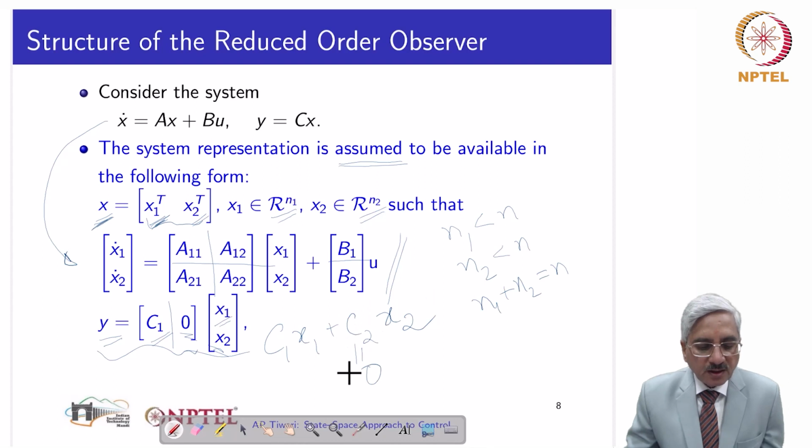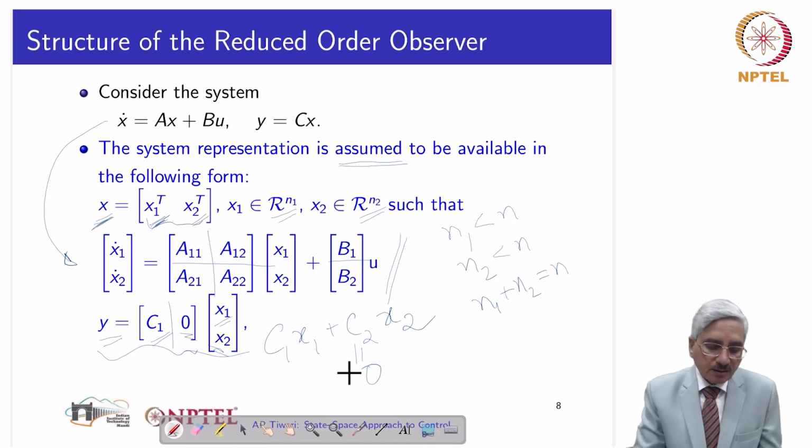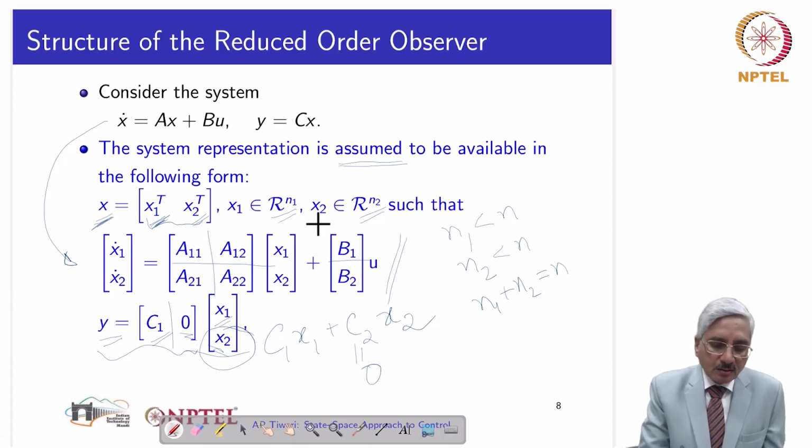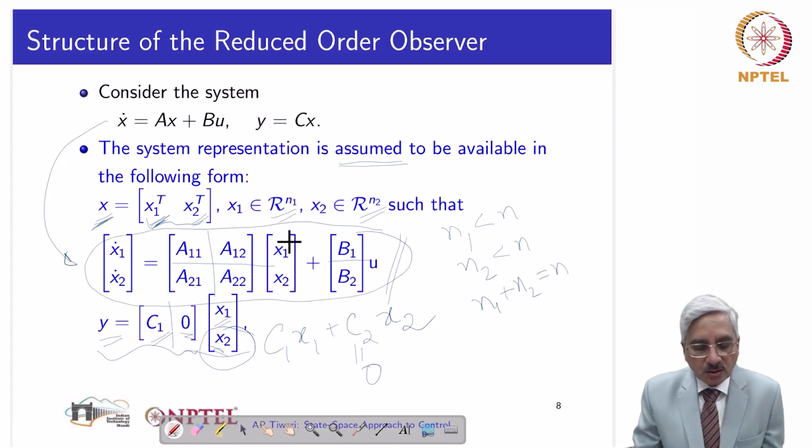So at the outset we have assumed that the output is dependent on only the x1 group of state variables, and it doesn't depend on x2. And the state equation is correspondingly shown in this partitioned form.